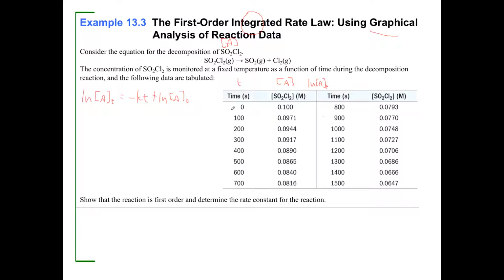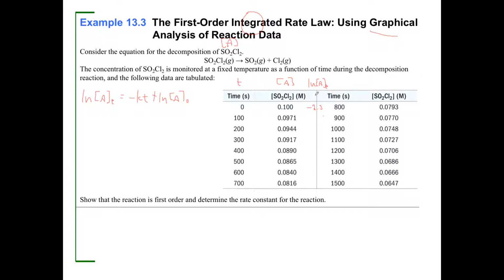First, the natural log of 0.10 on my calculator. That goes to be negative 2.3.